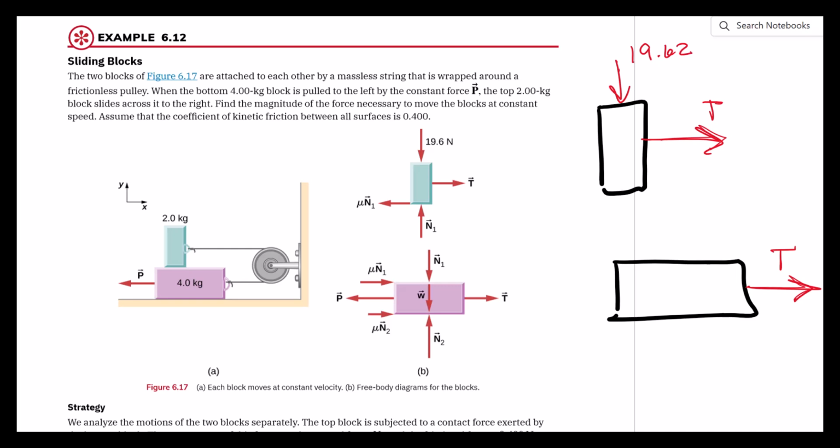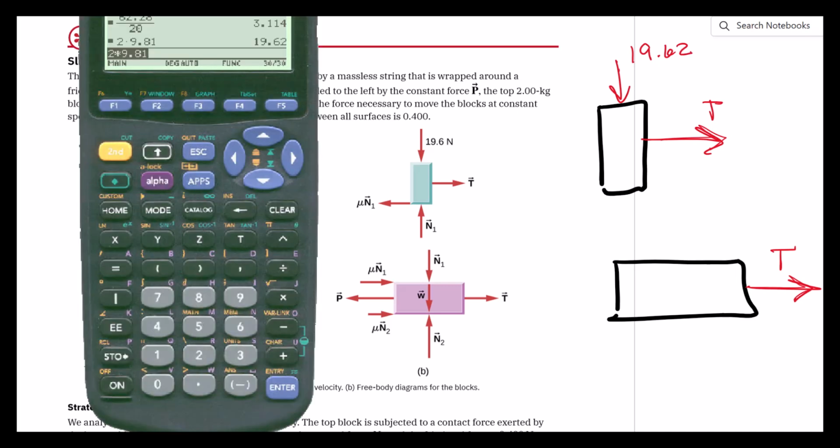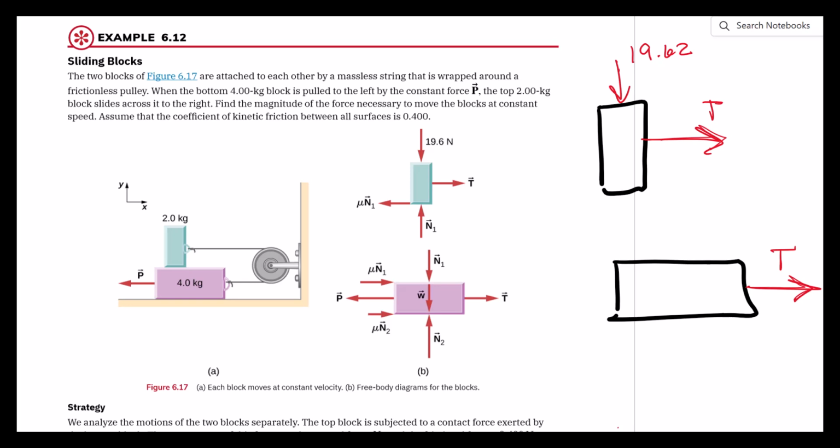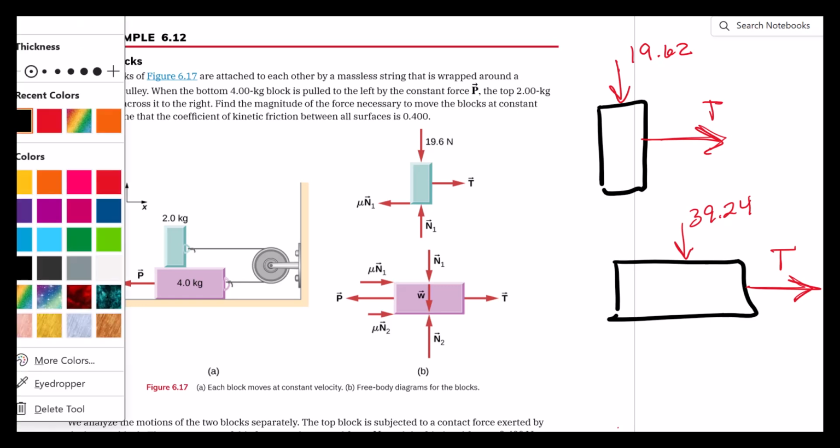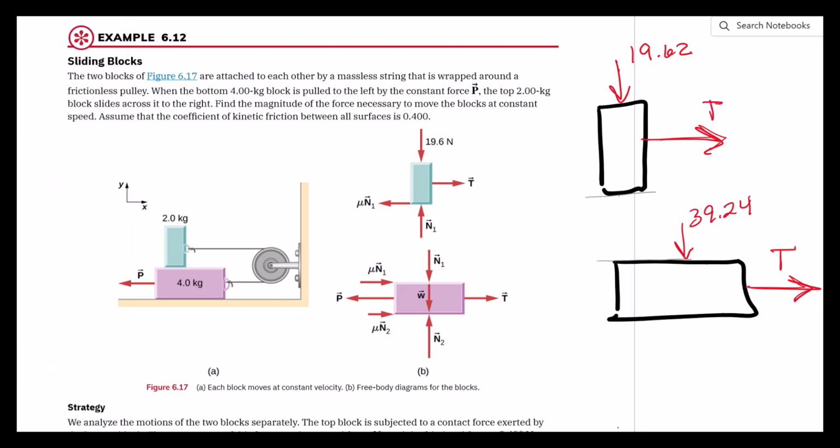The bottom one is 4 times 9.81, which is 39.24. Then there are surfaces here and here, so there's a normal from, I'm going to call this A and this one B.